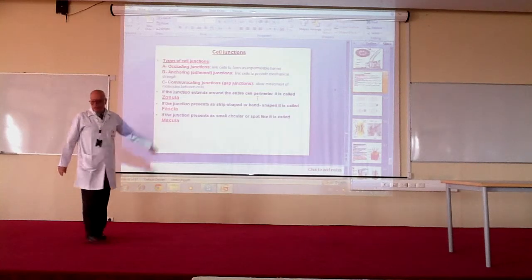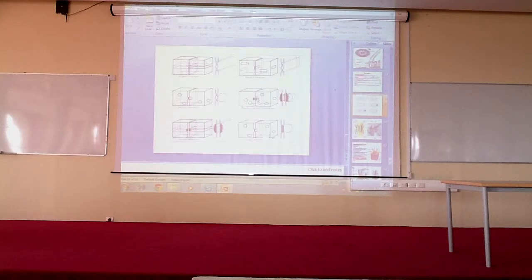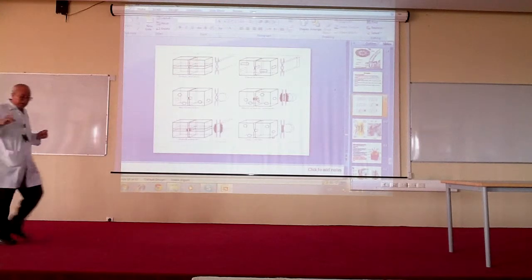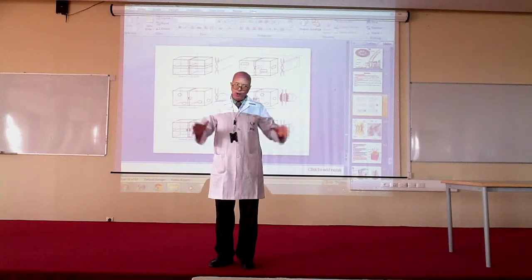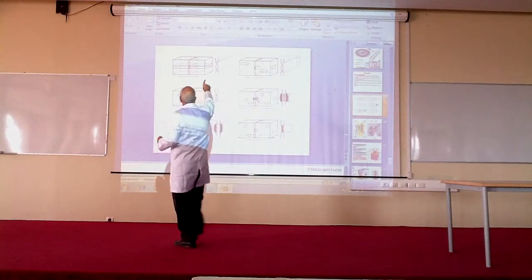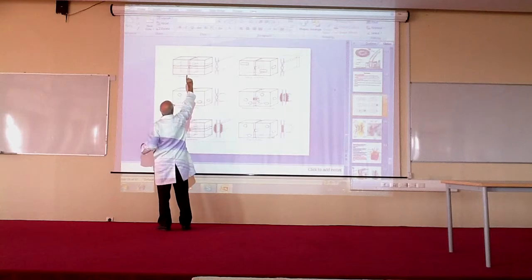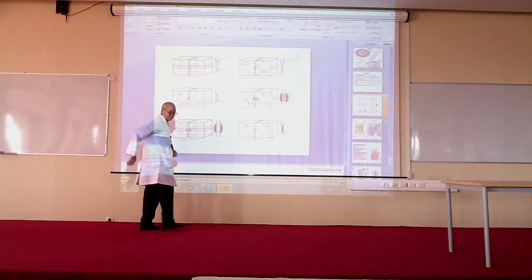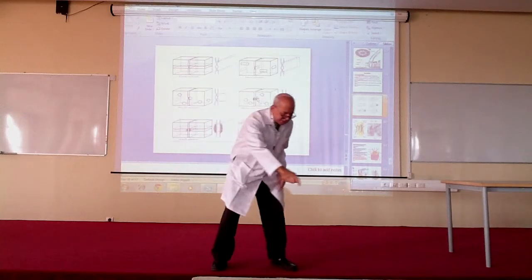Okay, let me get a picture to understand this. According to the area the cell junction occupies, if the junction surrounds the whole cell, we call it zonular, just like the cement in between these small plates.